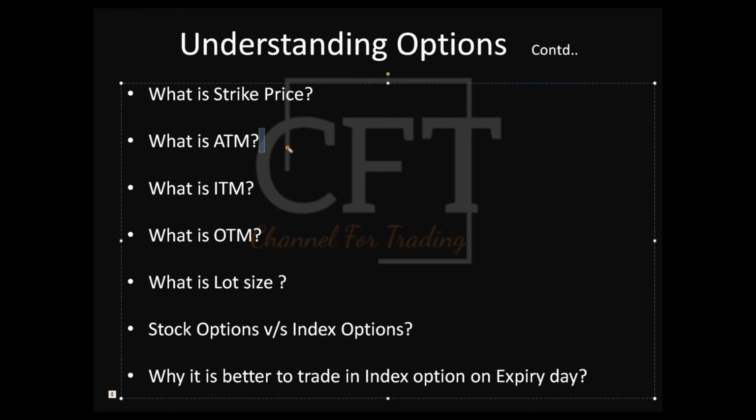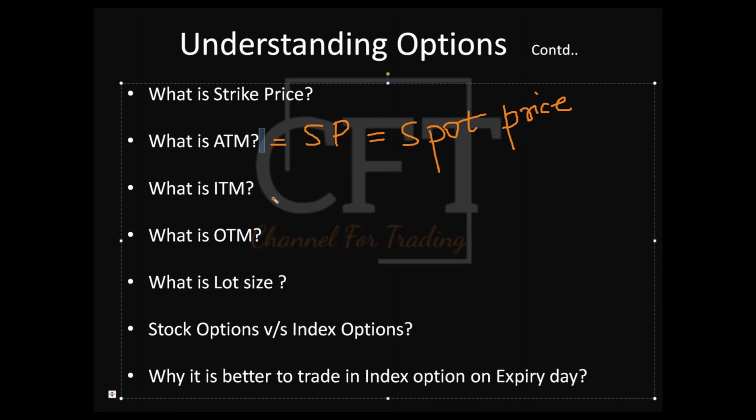You understood? At the money, where the strike price equals your spot price, is called at the money. If you are choosing the strike price for a call option as 13,500 and the Nifty spot is at 13,530, then that 13,500 is known as at the money. Your strike price is at the money.